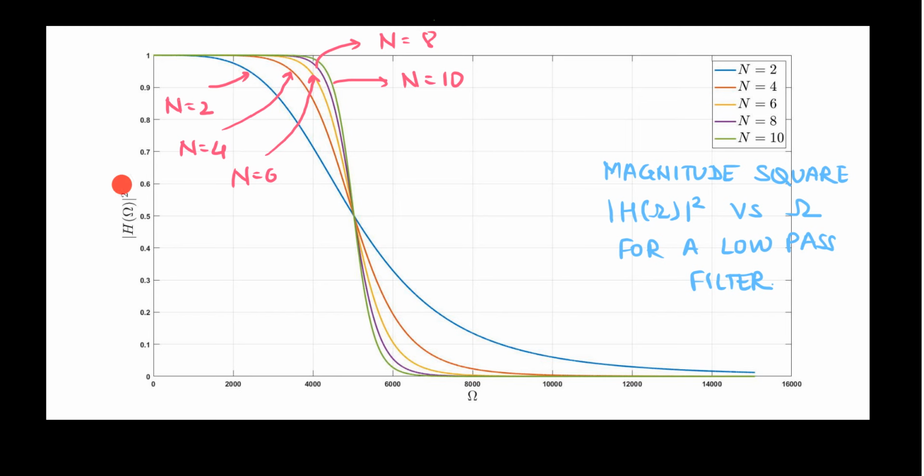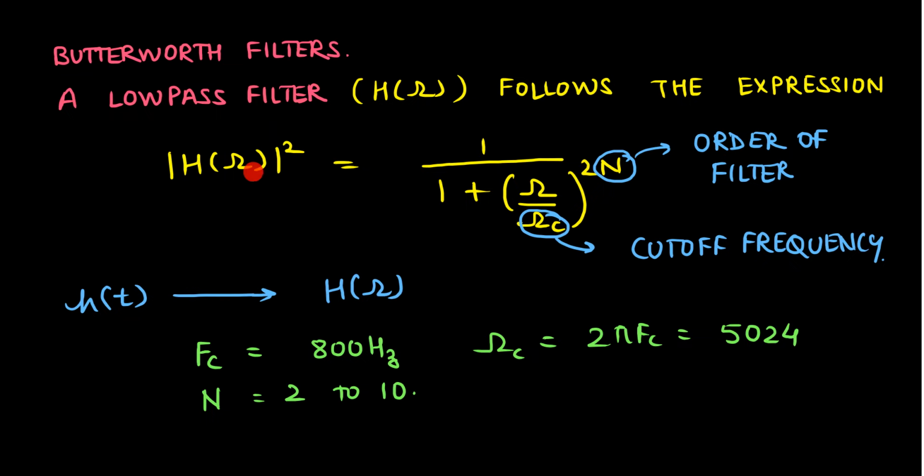So we saw that if the Fourier transform follows this expression, that is mod of H of omega squared equal to 1 upon 1 plus omega divided by omega c to the power 2n, then we are guaranteed to get a low pass filter.